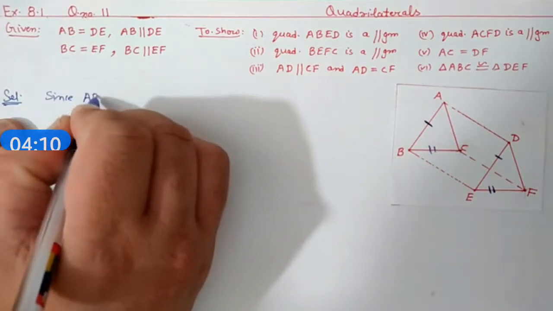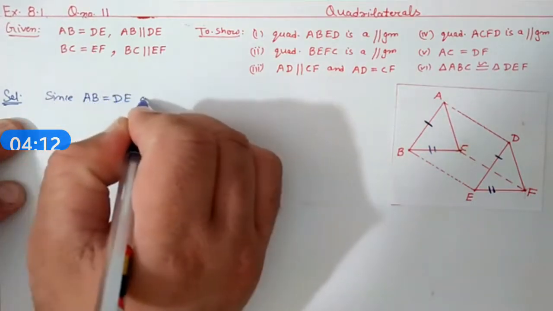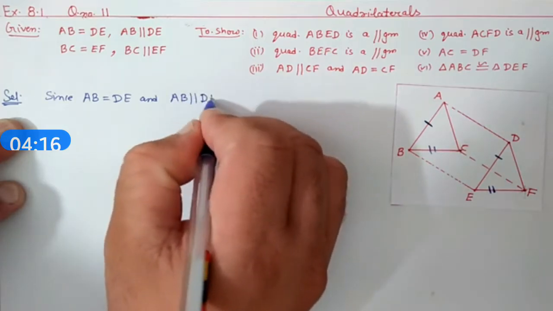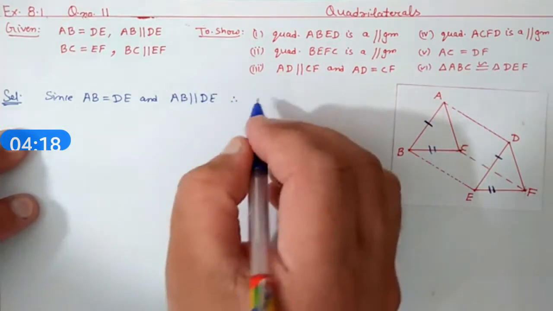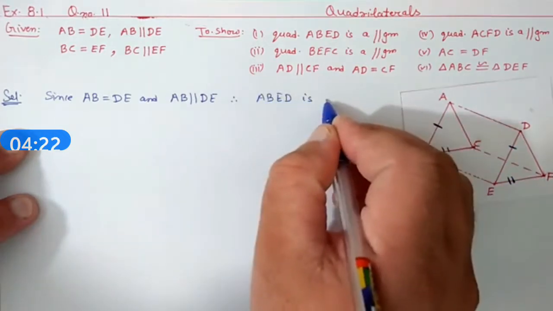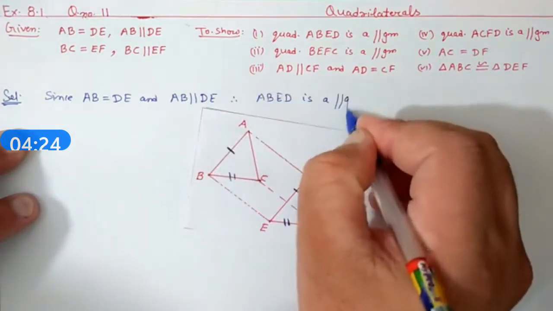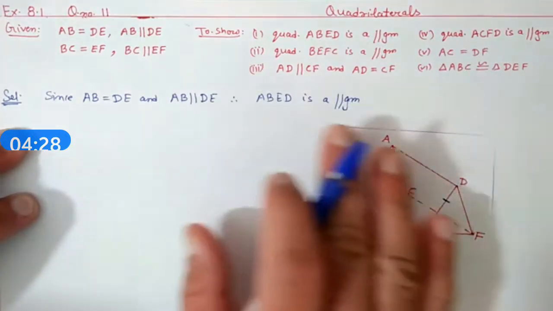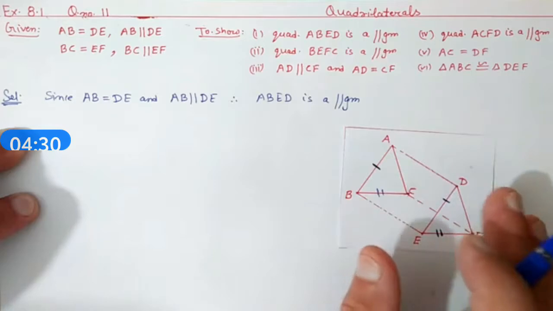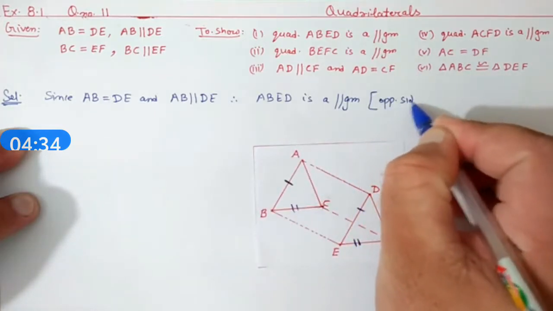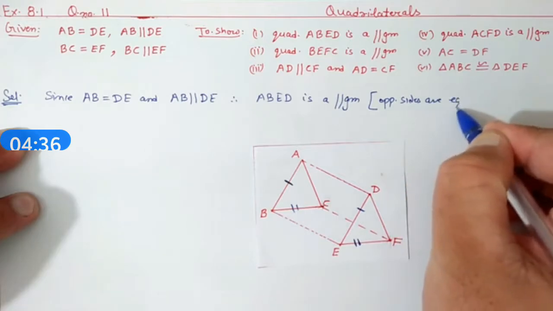You will just write since AB equals to DE and AB parallel to DE, and the reason over here you will write given. So this implies ABED is a parallelogram. And you can write the reason in the bracket: one pair of opposite sides is parallel and equal.